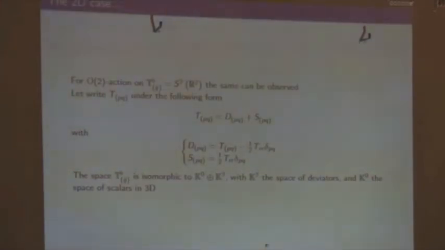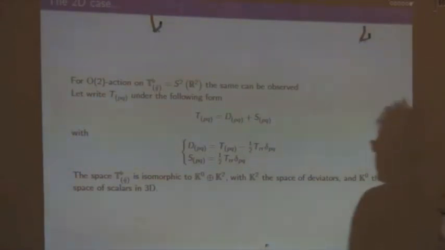Okay, and if I look at the 2D situation, provided you take the right trace that is dependent on the dimension, the same thing will happen. We will have irreducible spaces for the 2D situation, where k is the power of the tensor.